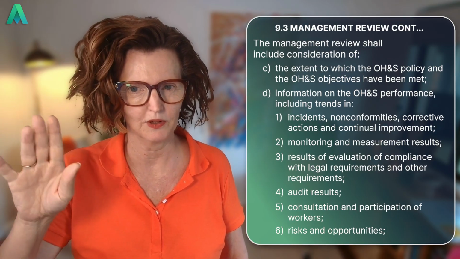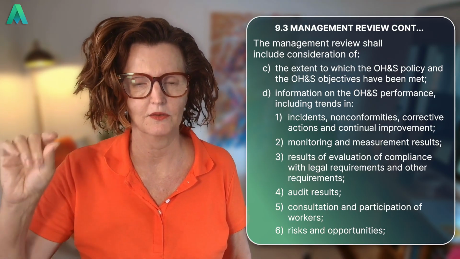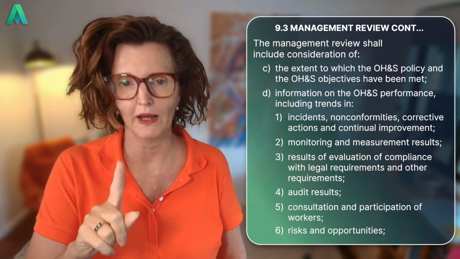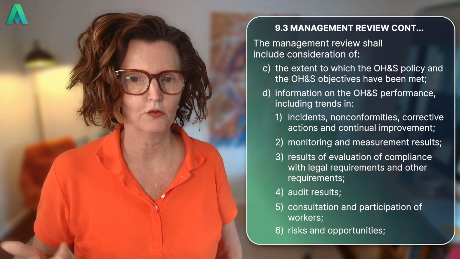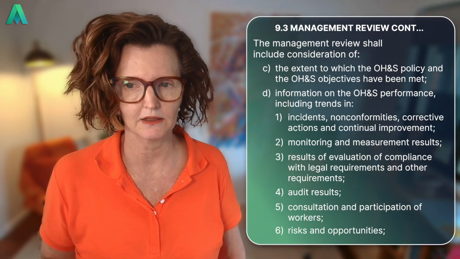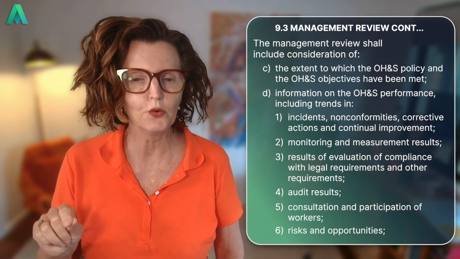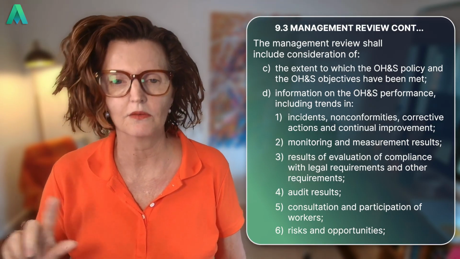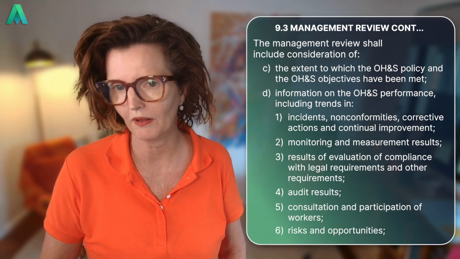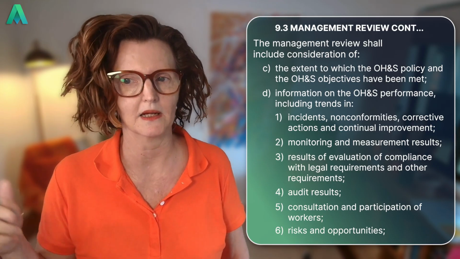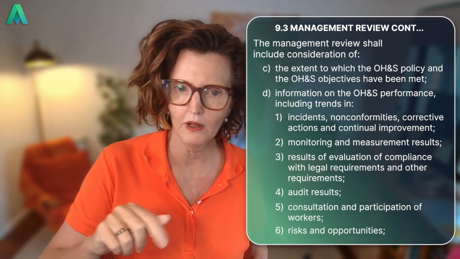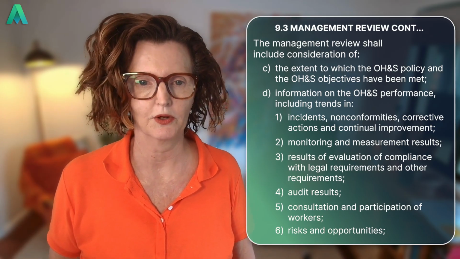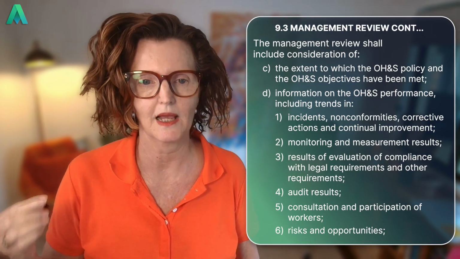So remember, we're talking about information on the OH&S performance, including trends in 1, incidents, non-conformities, corrective actions, and continual improvement. 2, monitoring and measurement results. 3, results of evaluation of compliance with legal requirements and other requirements. 4, audit results. 5, consultation and participation of workers. And 6, risks and opportunities.